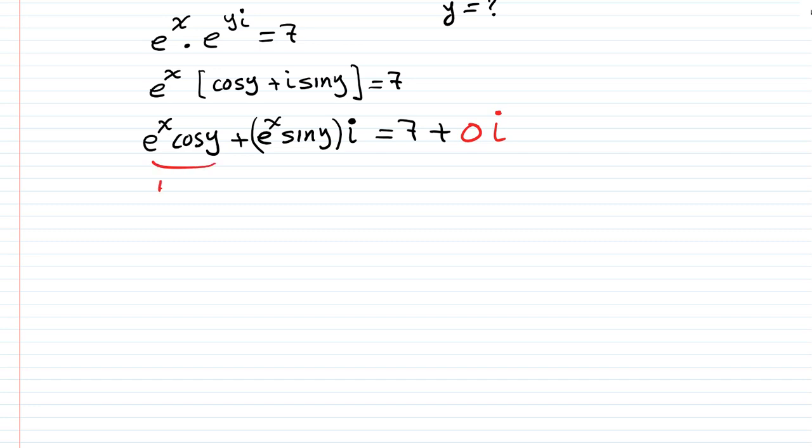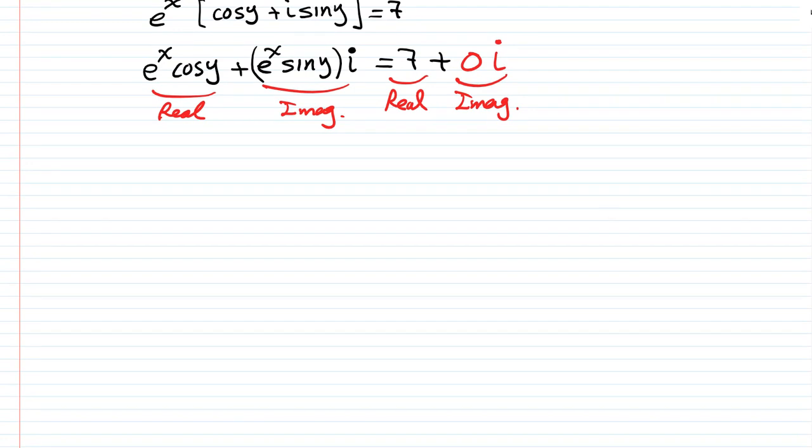We have a real part and an imaginary part of a complex number, and a real part and an imaginary part of the complex number on the other side. True? Now, two complex numbers are equal, identical, if the real parts are the same and imaginary parts are the same. So for example, if I have a plus bi equals 7 plus 9i, a is 7, b is 9, correct?